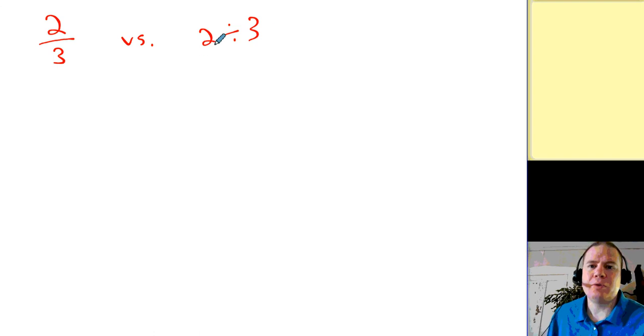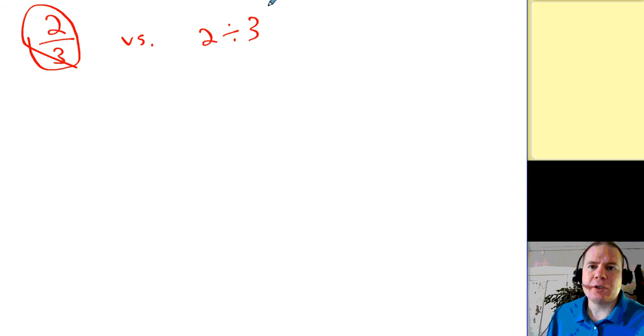I have 2, I'm cutting it into 3 pieces. This also means 2 cut into 3 pieces, or made 3 times smaller, skinnier. But we also, today, think about this as a number all by itself. It didn't always used to be that way.